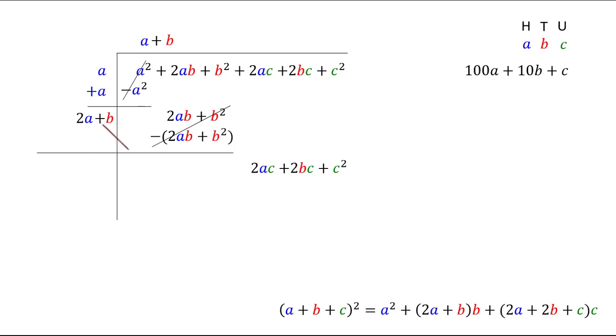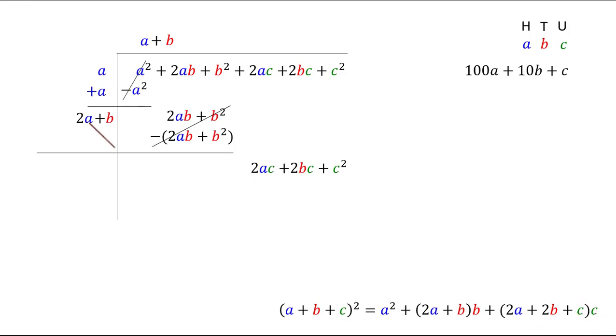Now we already have 2a plus b at our disposal. Now we know what is a as well as we know what is b, and we need to find this thing: 2ac plus 2bc plus c square, but we do not know what is c. So what we do is we factor this out, we take the c out, and we write 2a plus 2b plus c, and c taken out.